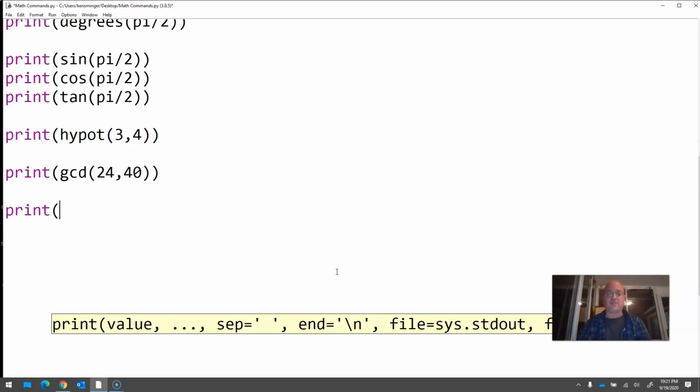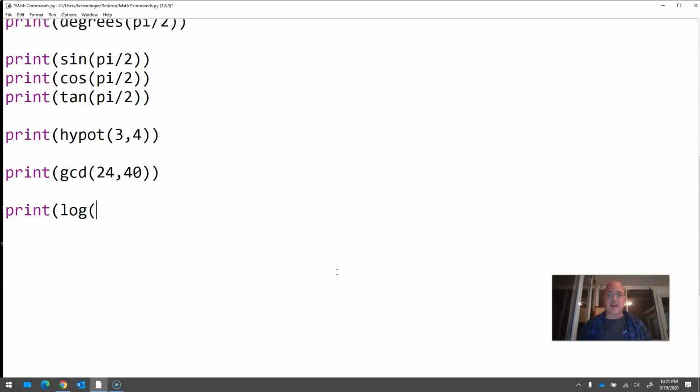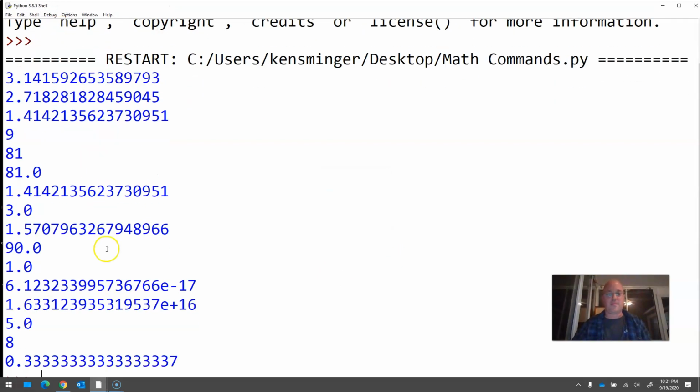That's where this comes in. It's called a logarithm. And to do the log, you put a parenthesis and then you say the number and then the base. So if I say 2, 8, it gives me 1/3.